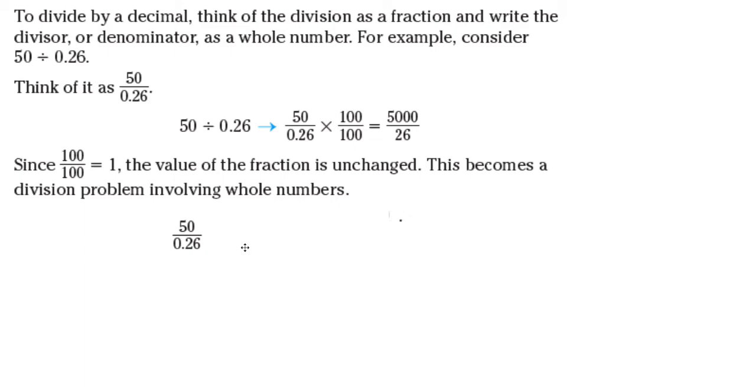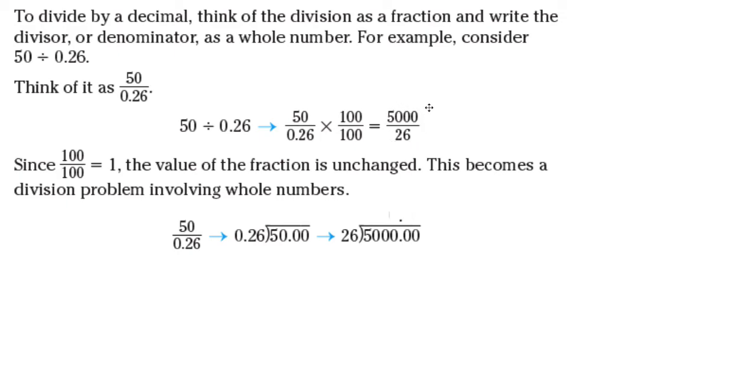So 50 over 0.26 will be the same as 50 divided by 0.26, and then we multiply both the numerator and the denominator by 100 to make your divisor a whole number, just like what we did here, and it will become 5,000 divided by 26, just like this one.